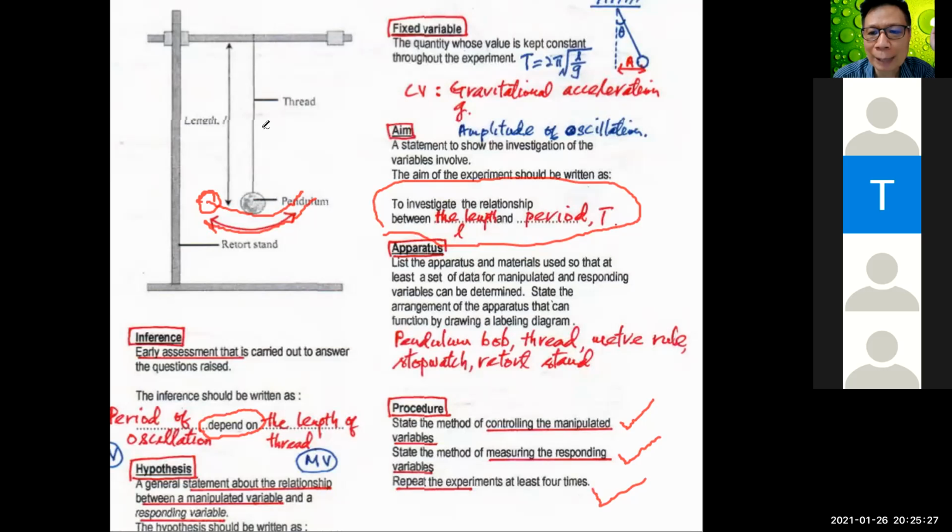Why do we need to do 2 times for each one? 30 cm must do 2 times, 40 cm must also do 2 times, 50 cm 2 times. Why? Why must every length be done 2 times or more, then find the average? One time is not accurate. Very good. Not accurate, you have to do 2 times and average to be more accurate. So we spend a bit more time to do one more time. Okay all right.